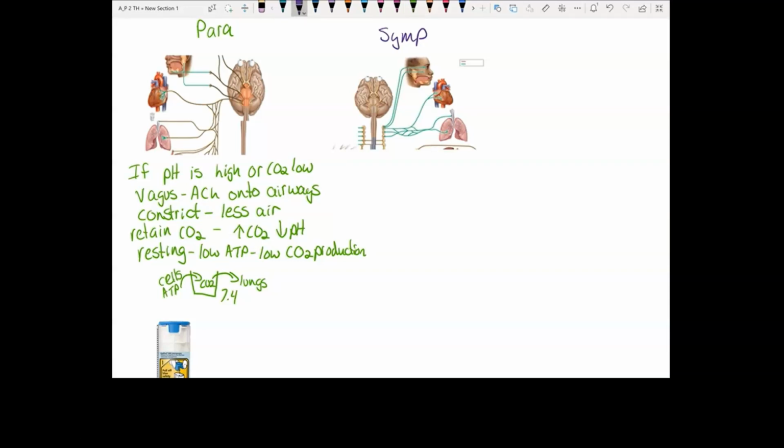Okay, sympathetic would be if pH is too low. If pH is too low, that means your carbon dioxide is high. So in this case, you would use norepinephrine, which would bind to beta receptors.